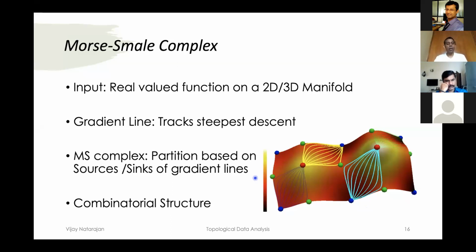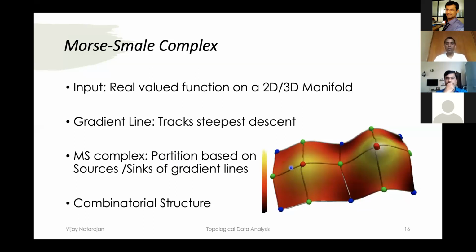So you can quickly see that the Morse-Smale complex essentially is a partition, and it has cells of different dimensions. So here I show these cells. So these 2D cells are all quads that you can see, right? The nodes of these quads essentially are a maximum, a green saddle, followed by a blue minimum and another green saddle.